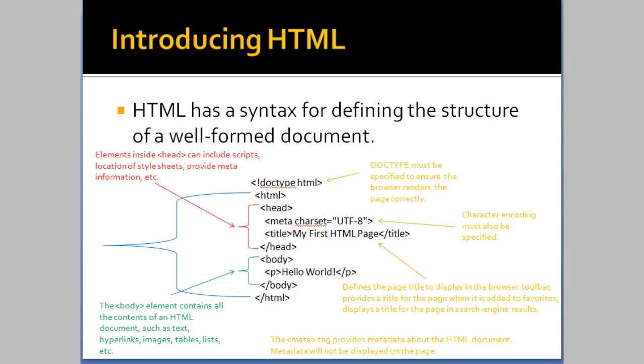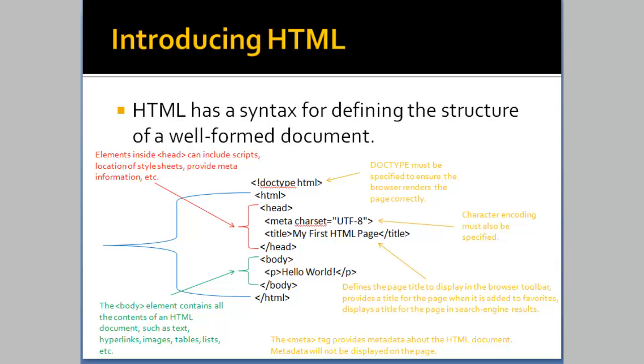So within our open and close body tag, any HTML code that is included within that section will be displayed to the user. We can have text, we can have images, we can have tables, we can have links, lists, whatever data or information that we want to provide to the user will be included within the body tag.